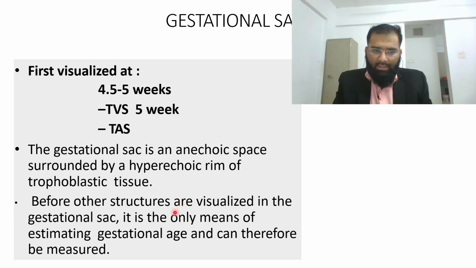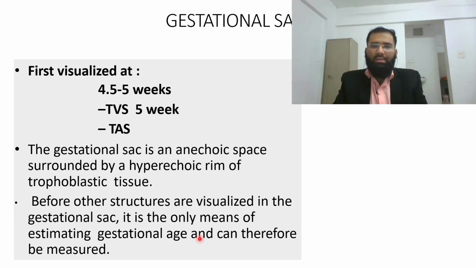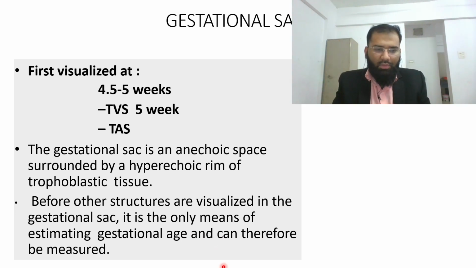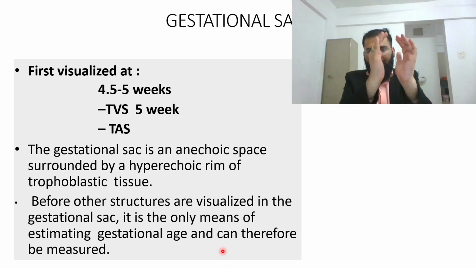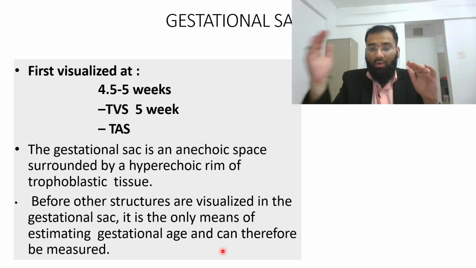Visualization of the G-sac is one of the important signs of pregnancy. It is the first structure to be seen. So first you see the G-sac, then you see the yolk sac, and then you see the fetal pole. This is how the order goes.